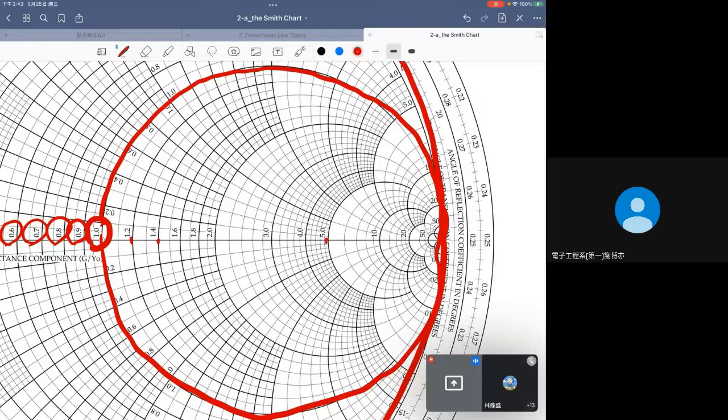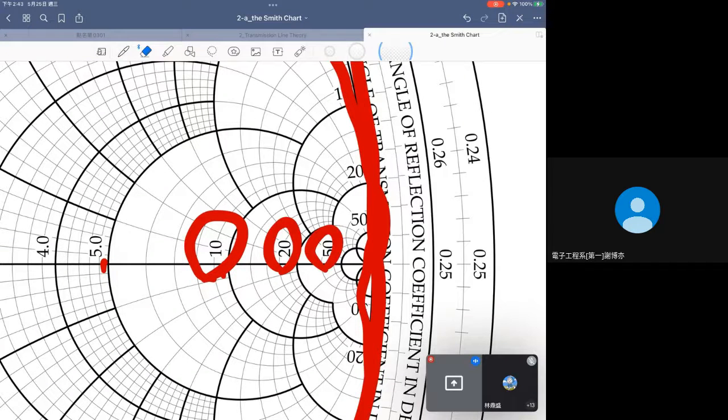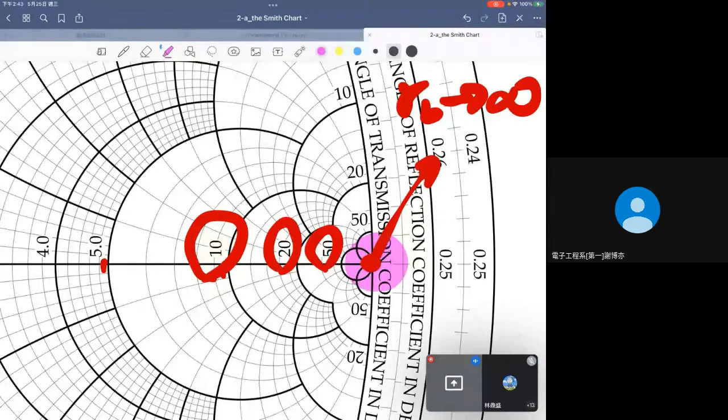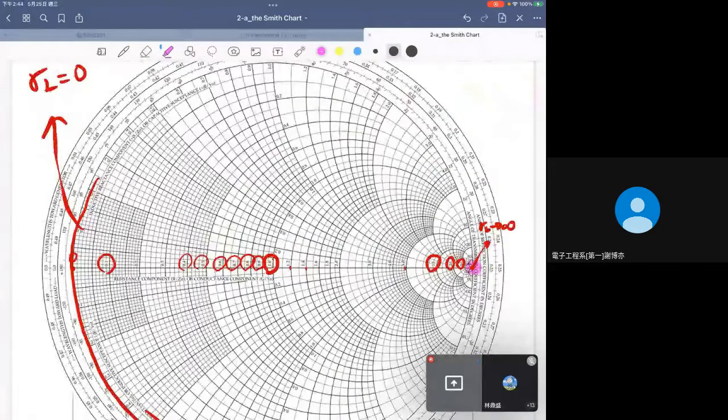This is 10, this is 20, this is 50, and eventually this point means RL goes to infinity. So this point is open, and this is short.